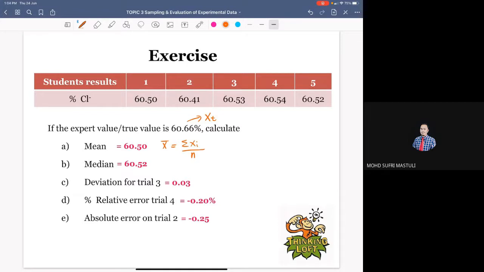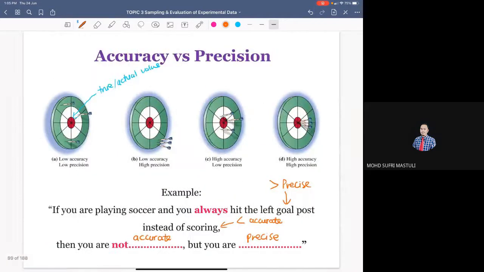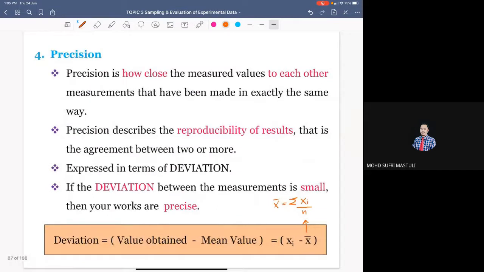Median should be the middle value. Deviation is related to precision. So deviation is experimental minus mean, if I'm not mistaken.